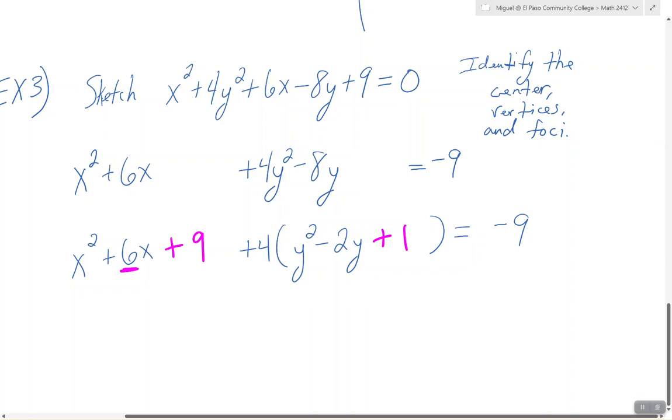But these numbers I'm inputting here, I can't just input them because I feel like it, right? I need to balance them out on the other side so that this stays an equation. So once we've completed these two squares, I need to balance the equation out by doing the same thing on the other side. So here, if you notice, I added a 9, so I'm going to add a 9 on the other side.